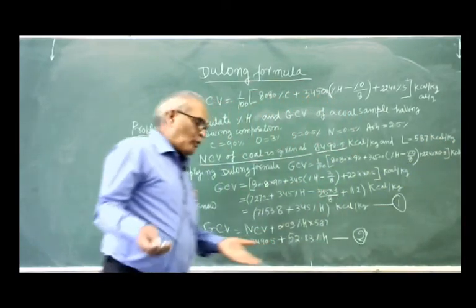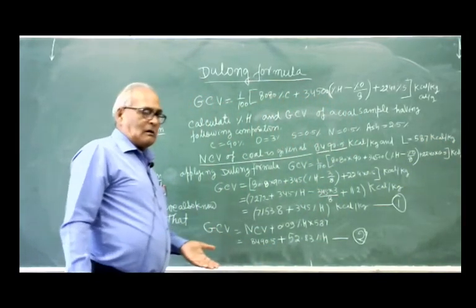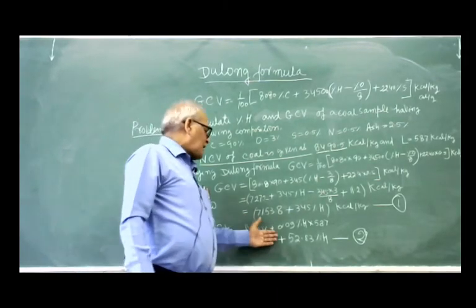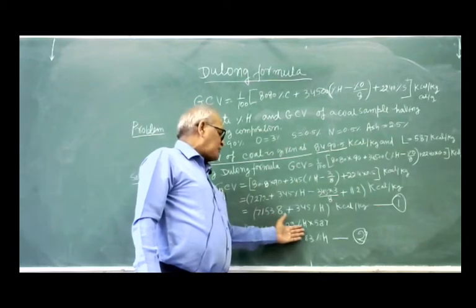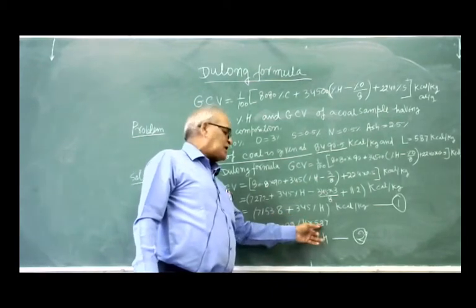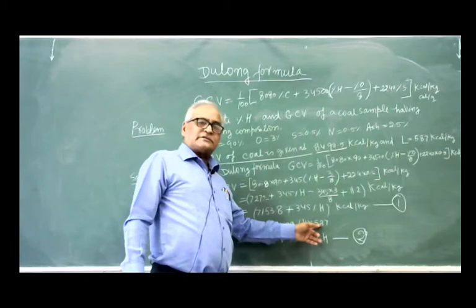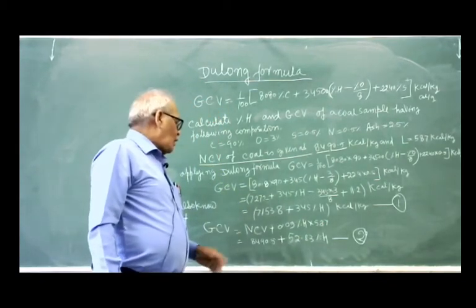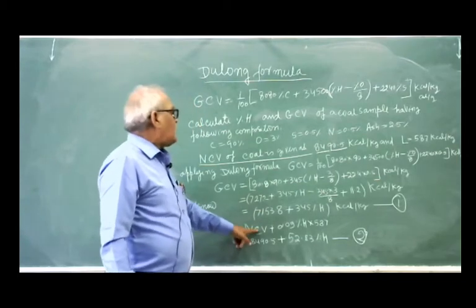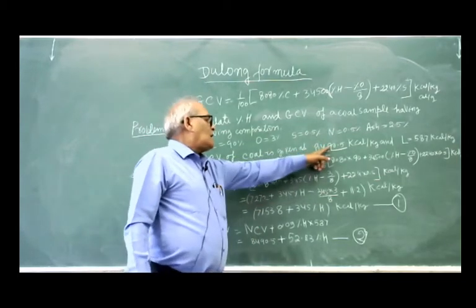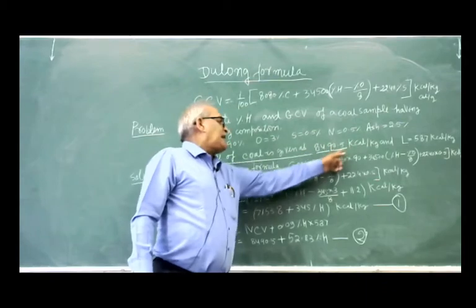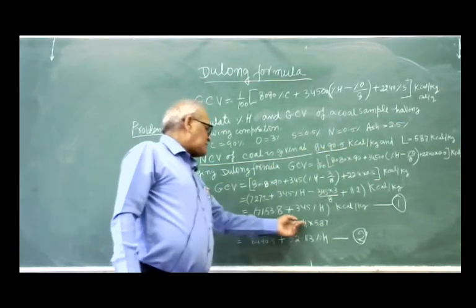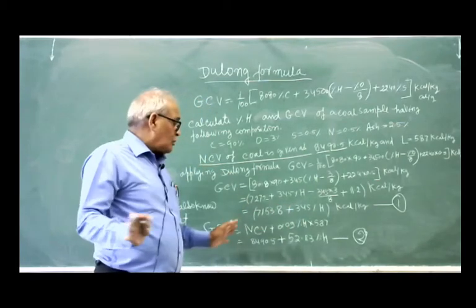So we know the formula that GCV equals LCV plus 0.09 into percentage of hydrogen into latent heat. So 587 is the latent heat of the steam. This value is given here, this is the NCV of the coal. So NCV is given, percentage of hydrogen is not known.